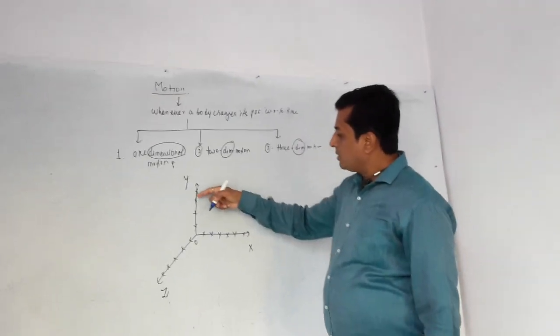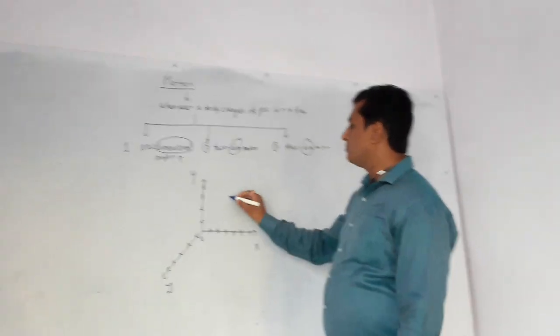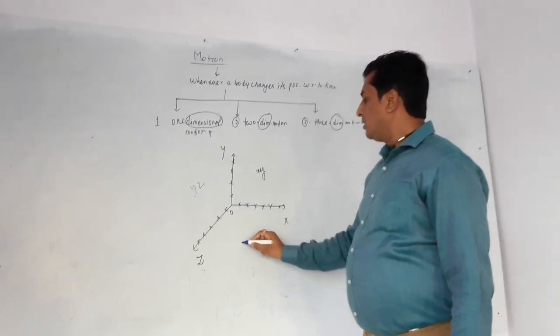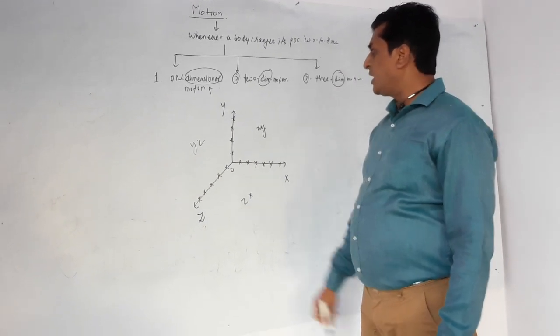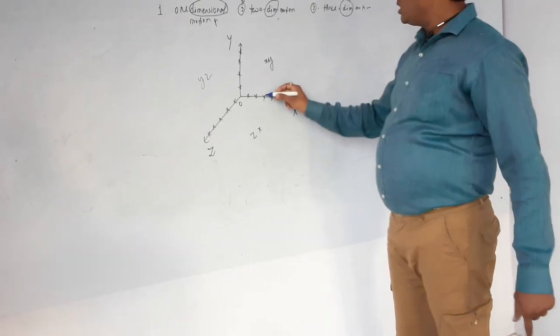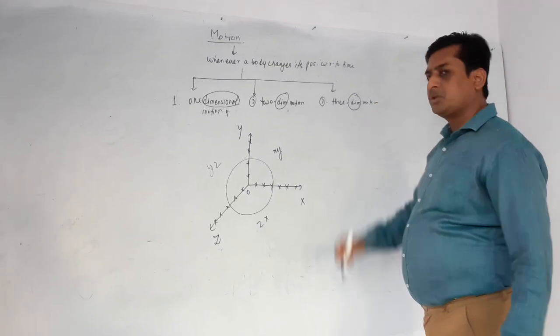If any body is moving along any two axes, that means either in the xy plane or in the yz plane or in the zx plane, then motion is said to be two dimensional. If a body is moving along all the three axes, then motion is said to be three dimensional motion.